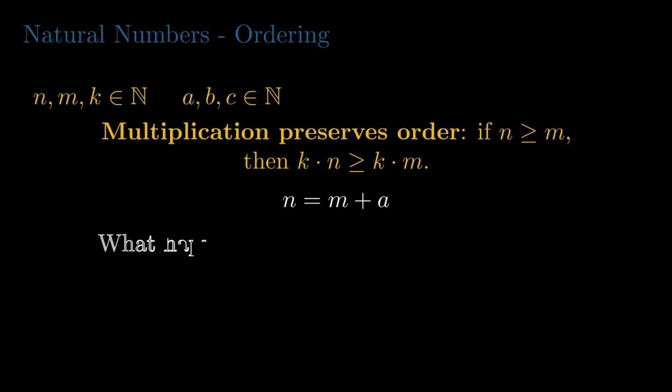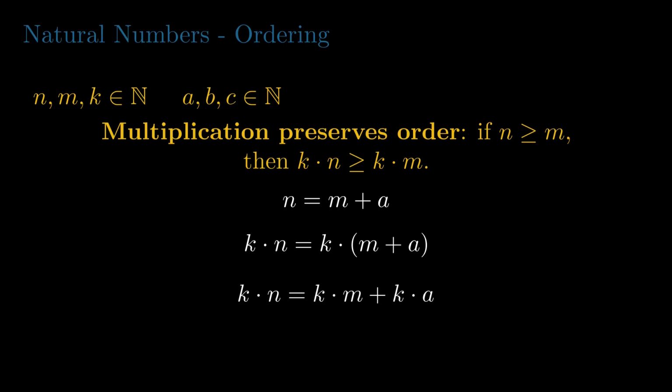We can write k times n is equal to k times (m plus a). By the distributive property of multiplication, it becomes k times n is equal to k times m plus k times a. The last term, k times a, is just another number, and we can call it b. Therefore, we end up with k times n equals k times m plus b, and this means that k times n is greater than or equal to k times m.